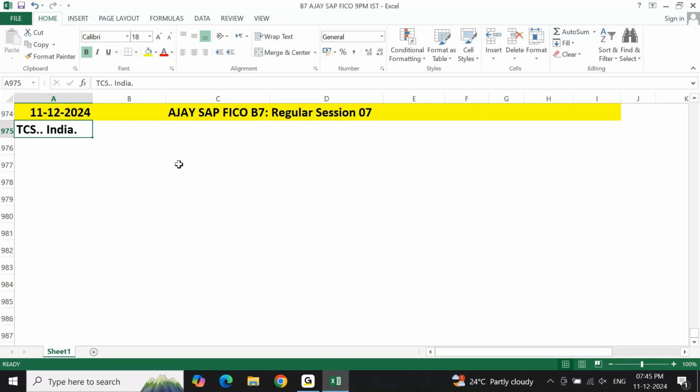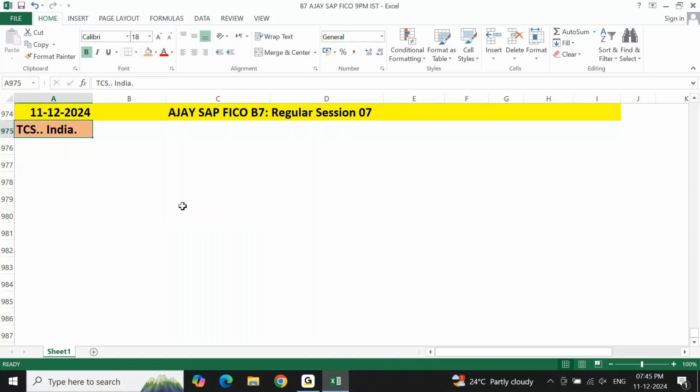When I'm talking about TCS India specifically, is it representing a company code? Am I correct? Yes. This TCS India is representing a company code. In short, this is a legal entity.